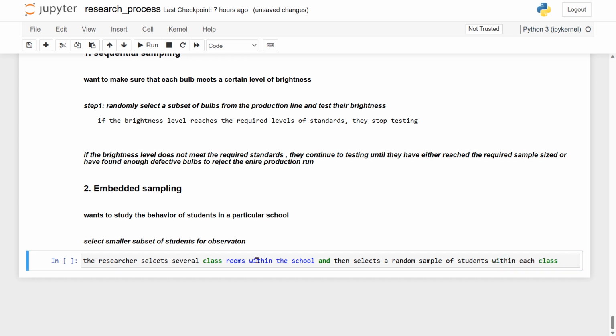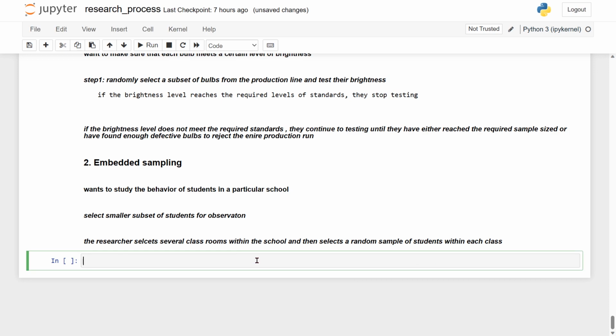That's step 2. Within each classroom, the researcher then observes these students during the regular class time, collecting data on their behavior and academic performance.